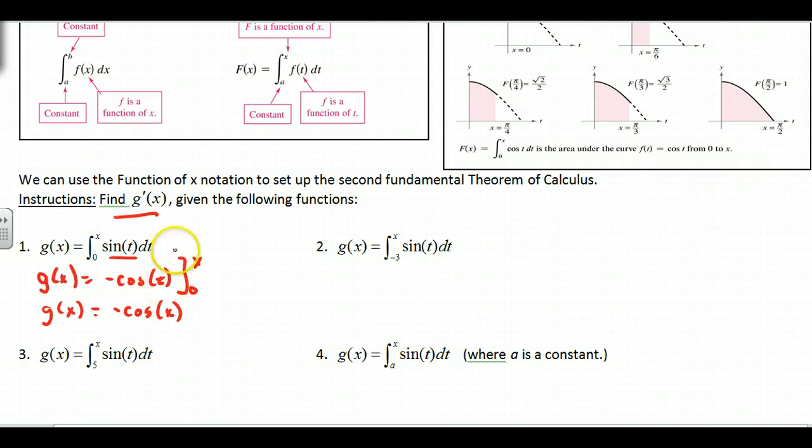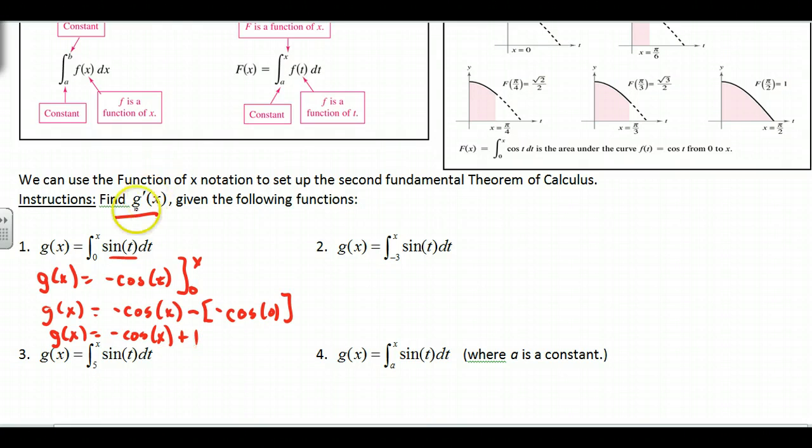So I take the x and plug it in. Don't forget to subtract and plug in the lower limit. A lot of times people forget to do that with the 0, but the 0 sometimes yields a number that's different than 0. In fact, in this case, this would be a 1. So g of x is equal to negative cosine of x plus 1.